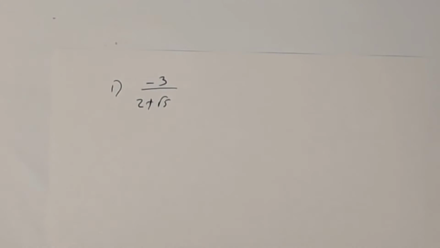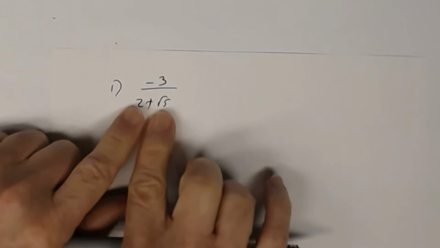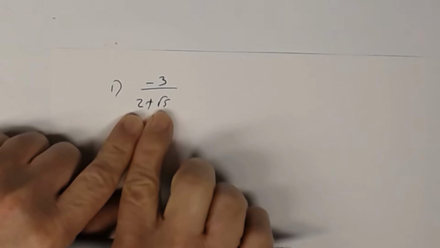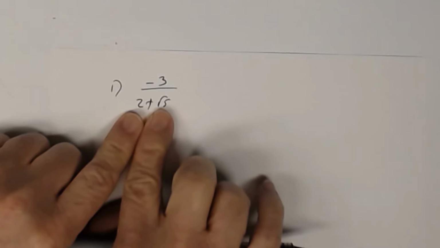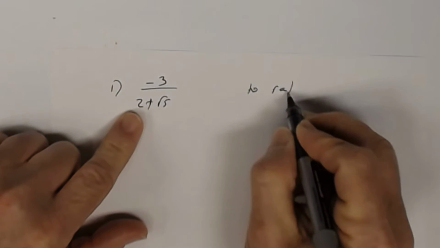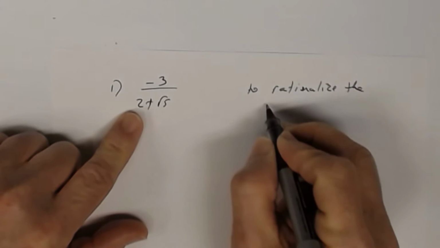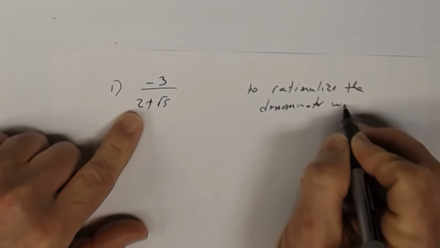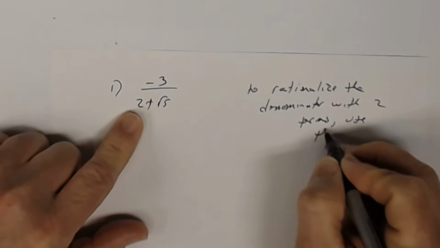Whenever you have two terms in the denominator and one or both terms are radicals, you're going to use what's called the conjugate to rationalize the denominator.